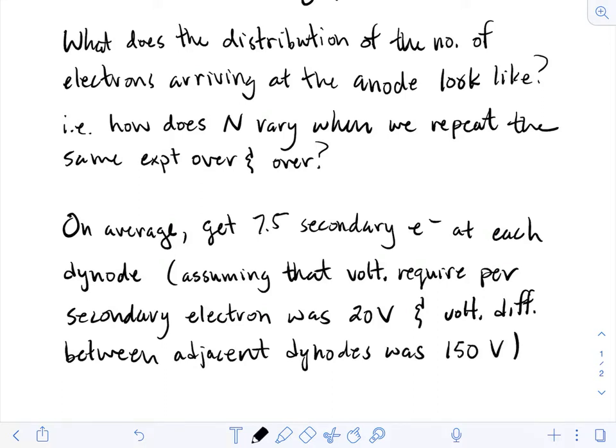So that 7.5, where that number comes from, is the 150 divided by 20.